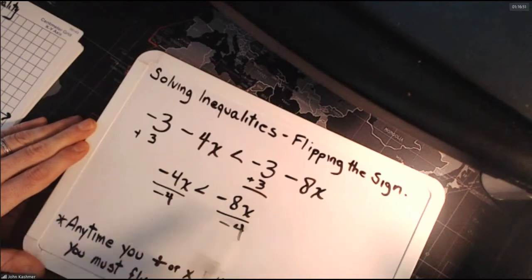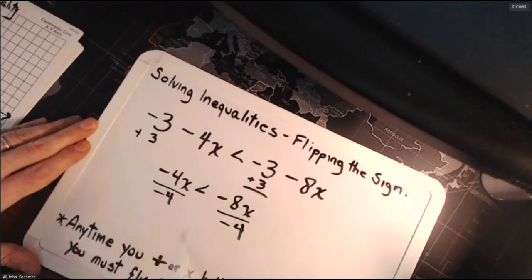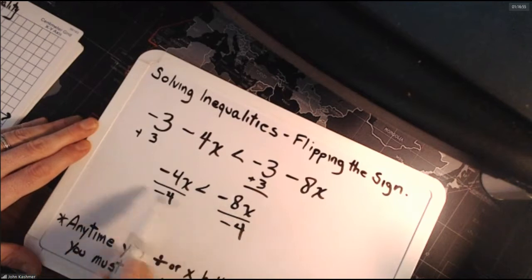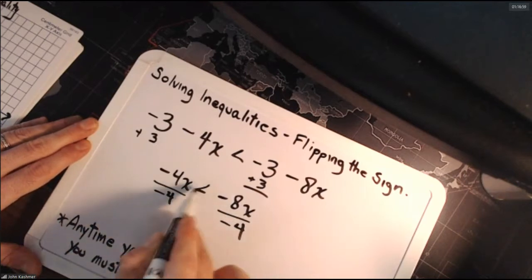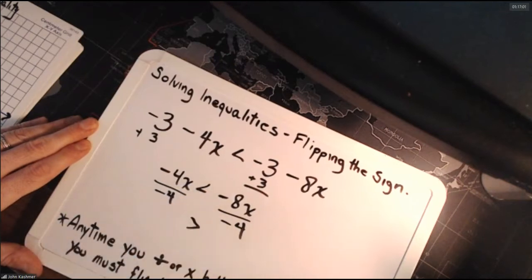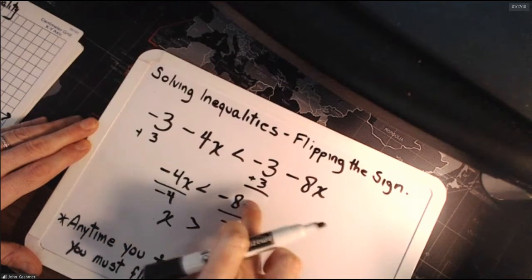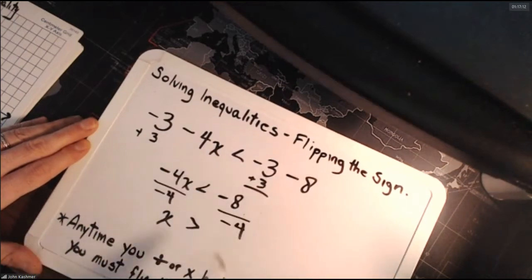Since we're dividing, also if we multiply both sides of an inequality by a negative number, instead of the inequality symbol staying the same, it switches. So less than becomes greater than. So now you have x is greater than 2.